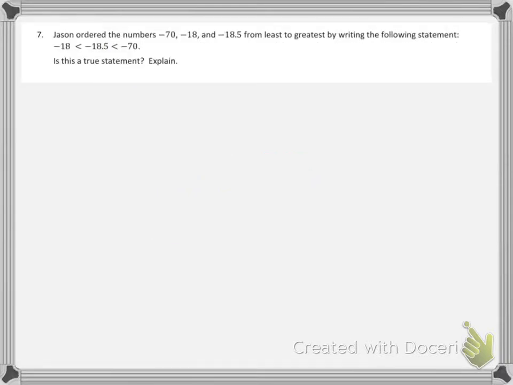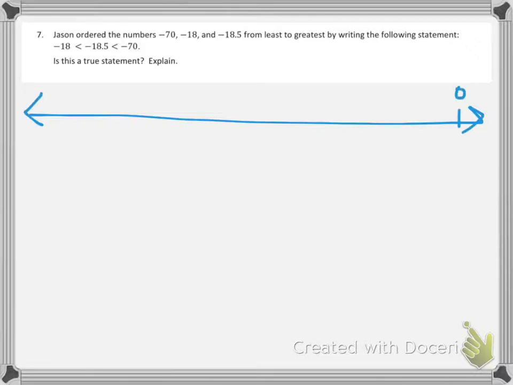Jason ordered the numbers negative 70, negative 18, and negative 18.5 from least to greatest by writing the following statement. Is he correct? Well, Jason is saying that negative 18 is the smallest number, and if we thought about them on a number line, just sketched it out, if that's a 0, the first number I would get to in the negatives would be a negative 18.